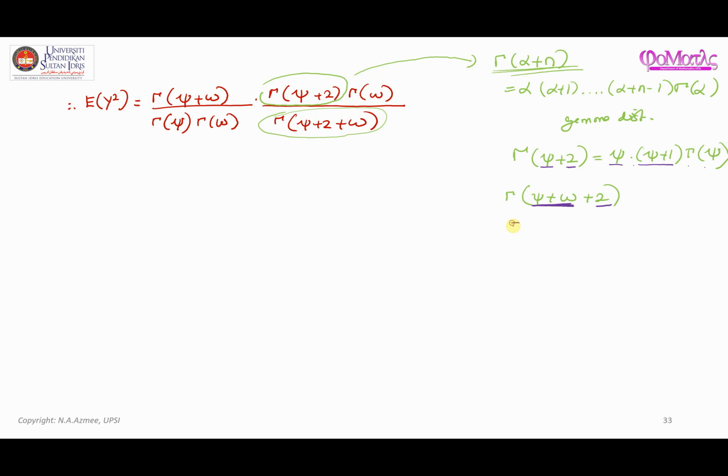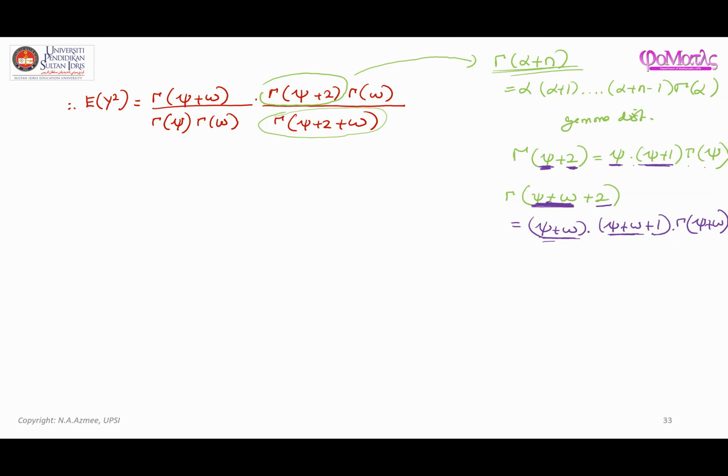Therefore, we're going to have the result equal to psi plus omega times psi plus omega plus 1 times gamma function of psi plus omega. So you see it follows the pattern.